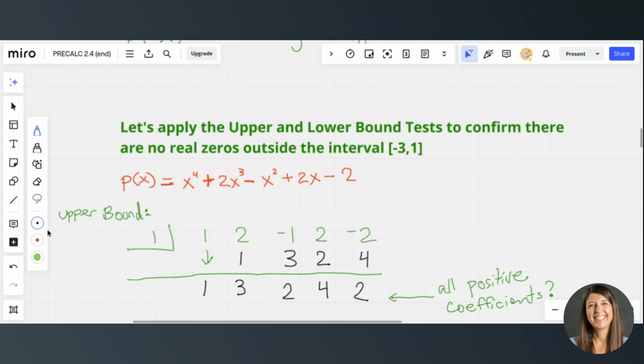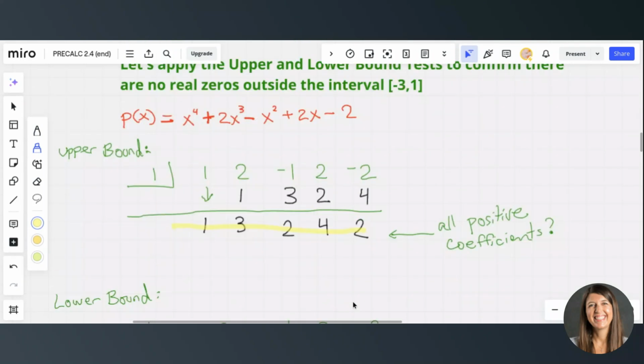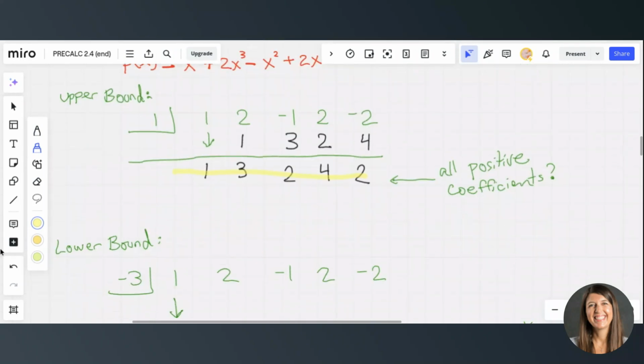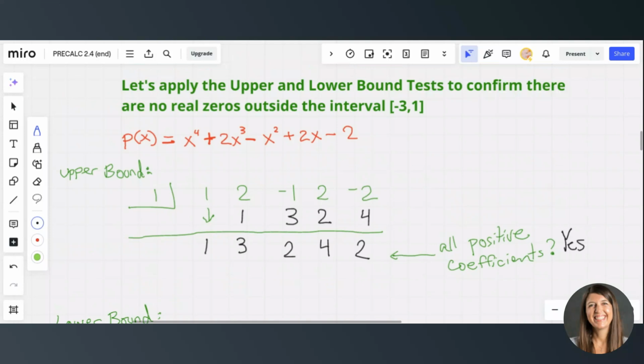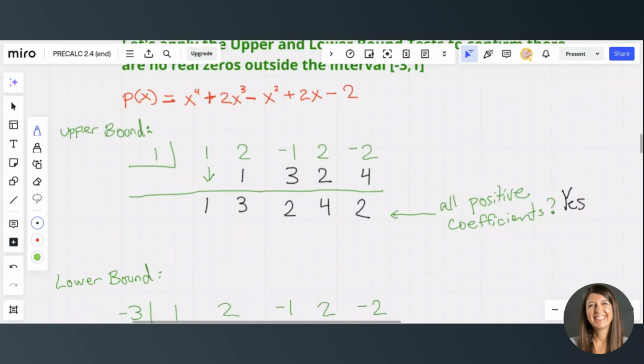So if we look at all our coefficients there, we'll see that they are all positive coefficients. So yes, they're all positive, and that means that 1 is confirmed to be an upper bound of our roots. So there's no root of p of x that is greater than 1, okay? 1 is not a root because our remainder is 2.